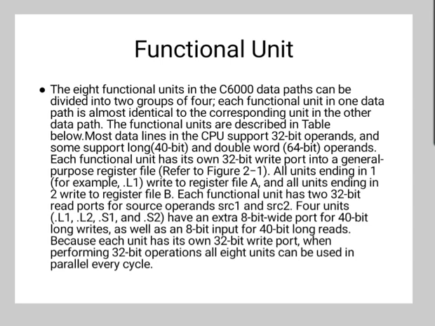All units ending in 1 write to register file A and all units ending in 2 write to register file B. Each functional unit has a 32-bit read port for source operands, src1 and src2. 4 units have an extra 8-bit wide port for 40-bit long writes, as well as an 8-bit input for 40-bit long reads. Because each unit has its own 32-bit write port, when performing 32-bit operations all 8 units can be used in parallel every cycle.